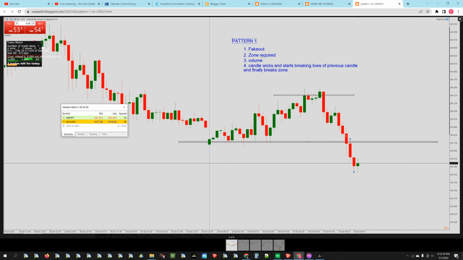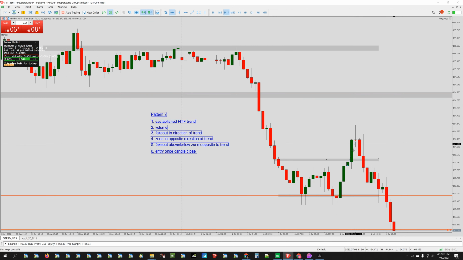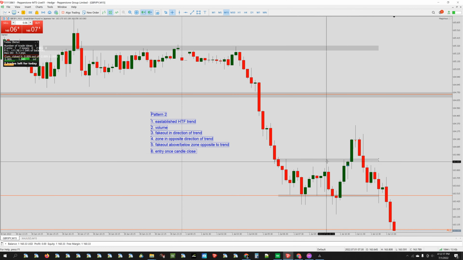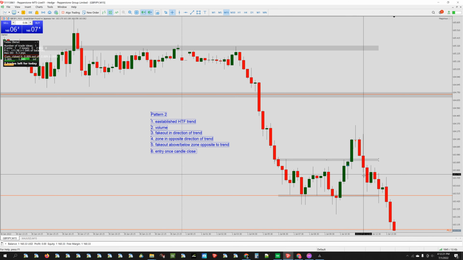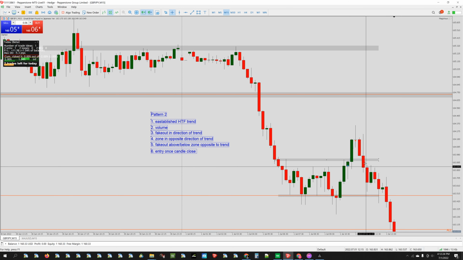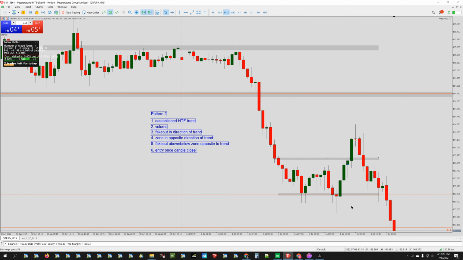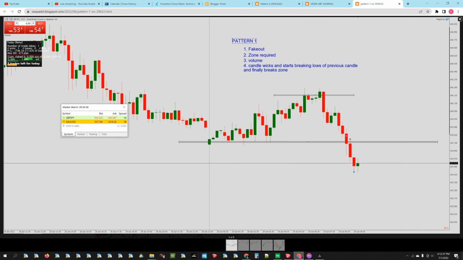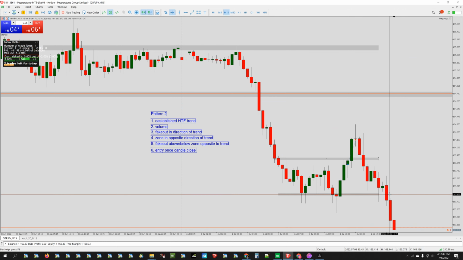We need fake out, zone, volume, candle. Okay, fake out. This thing was a fake out. We know we have done a fake out at the 163.900 area. There was volume, some sort of volume present. By looking at the size of candles, we can anticipate there is volume present. Zone required. There was a zone at the 163.400 area, and the next thing was the candle wicks up first and then started breaking the low.